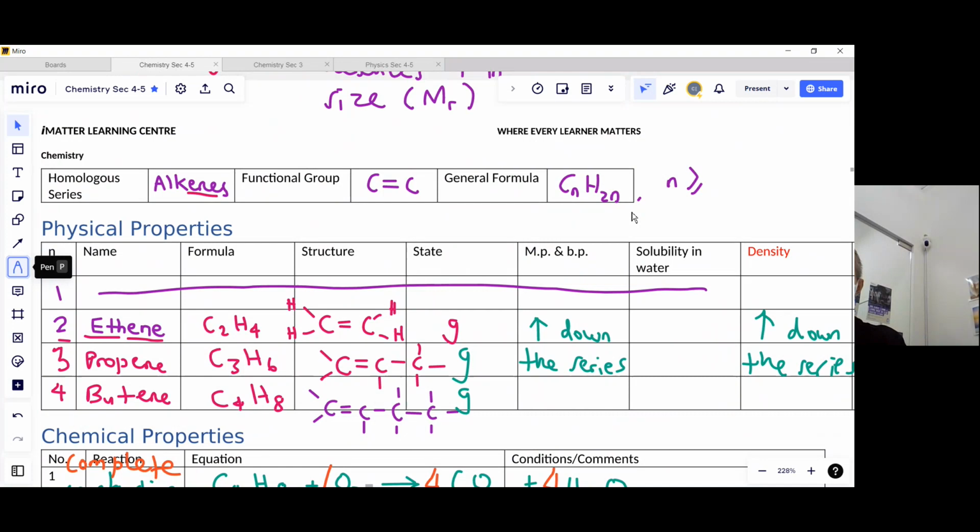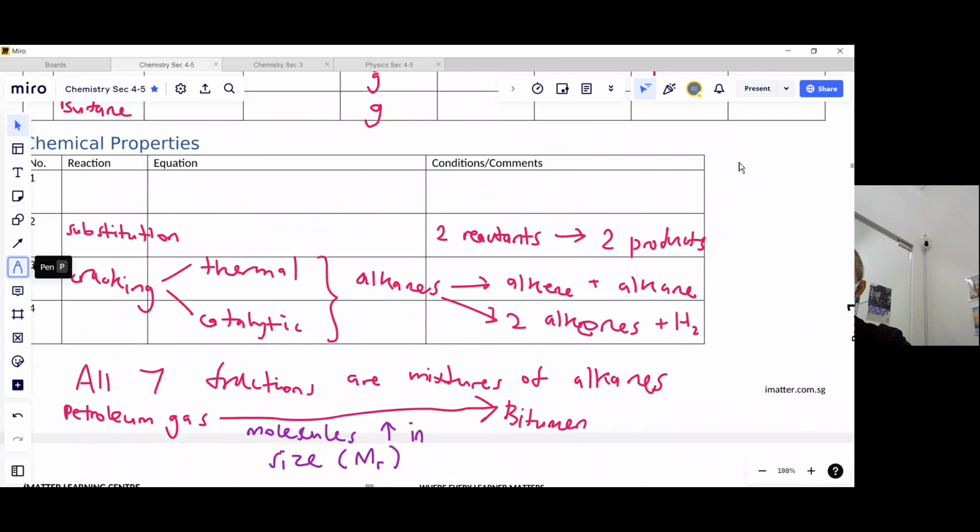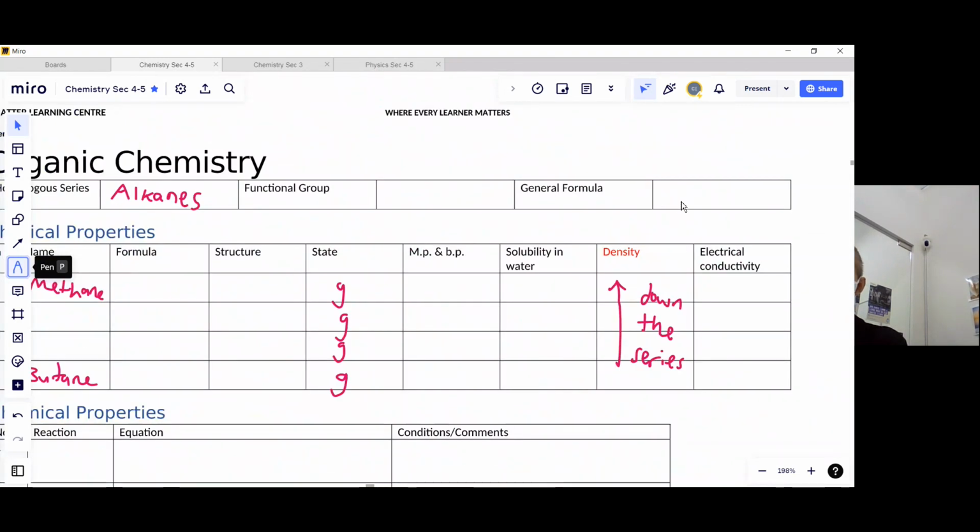Alkenes, remember n starts from 2. Hopefully I've written it down previously. And for alkanes, n starts from 1. This is the general formula for alkanes. So n starts from 1.